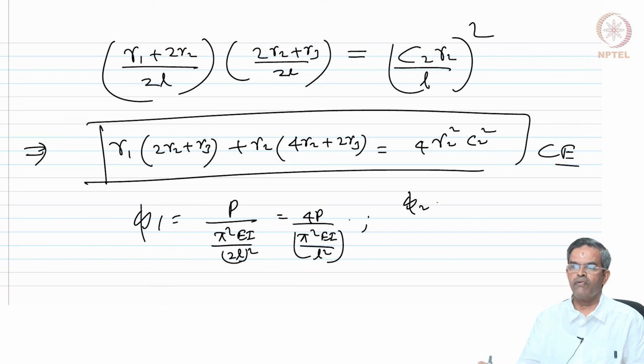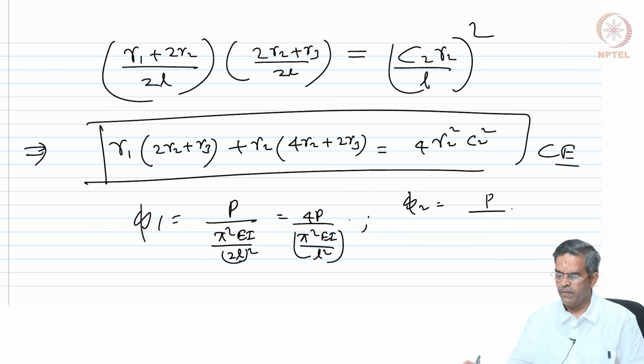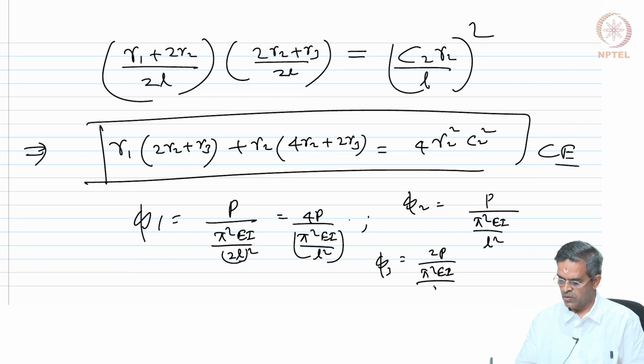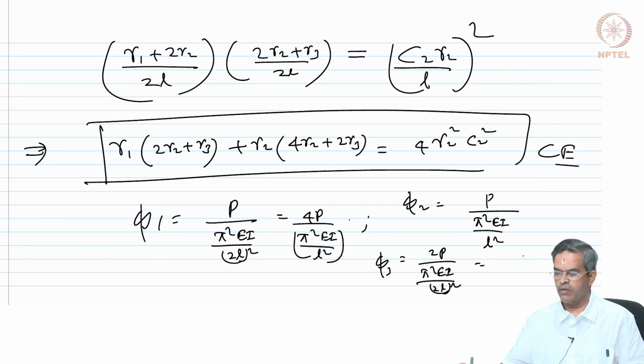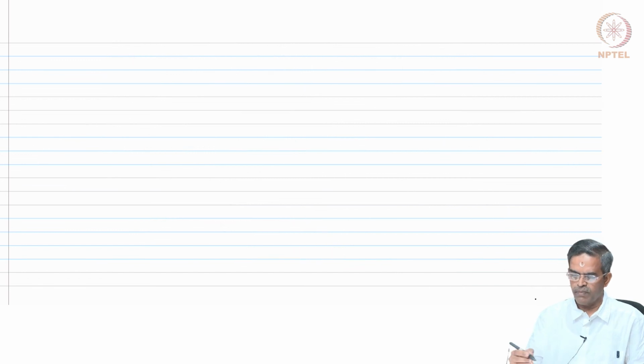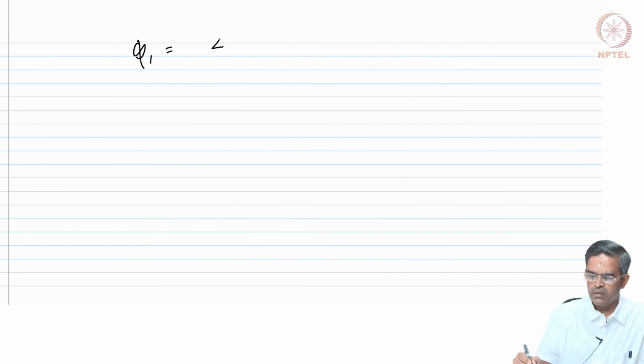Let us say phi 2 is P by pi square EI by L square, whereas phi 3 will be 2P by pi square EI by 2L the whole square, which will become 8P by pi square EI by L square, okay. So, now I can write a relationship where phi 1 is 4 phi 2 and phi 3 is 8 phi 2.